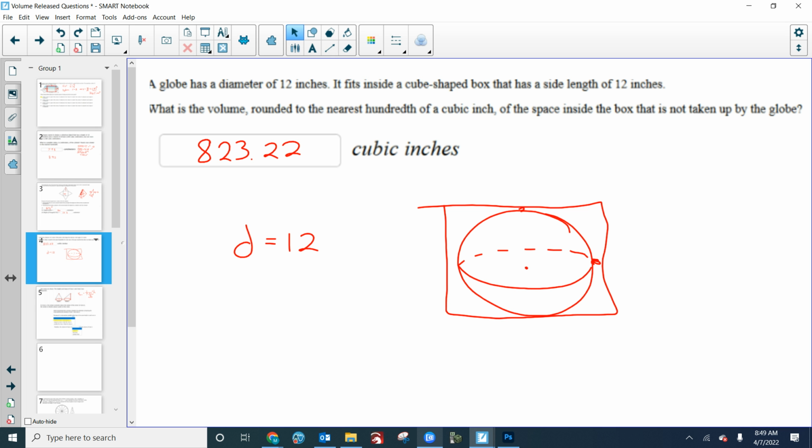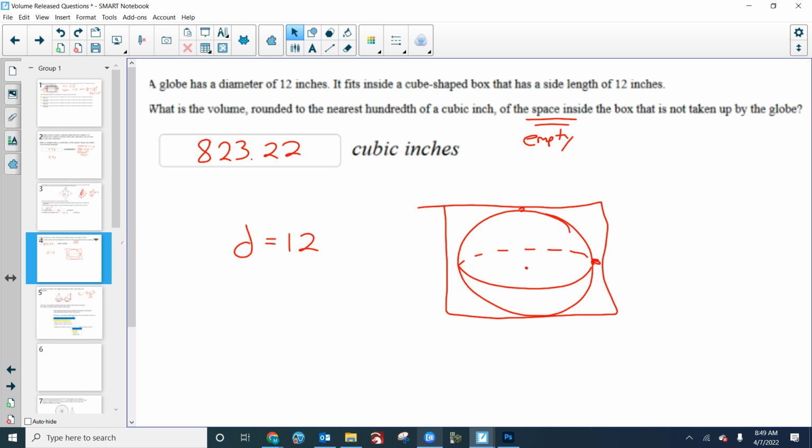All right. If they're asking for the space, they're really asking for the empty space inside, right? Empty volume. Did you read that? I don't know. I was kind of confused. So that is not taken up by the globe.